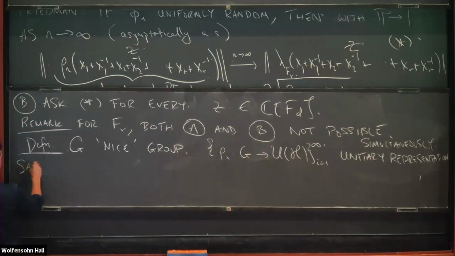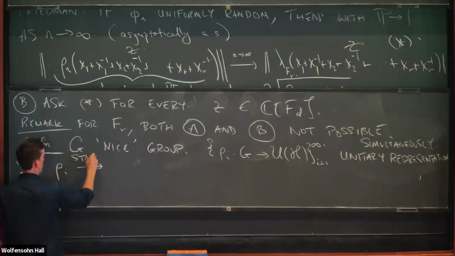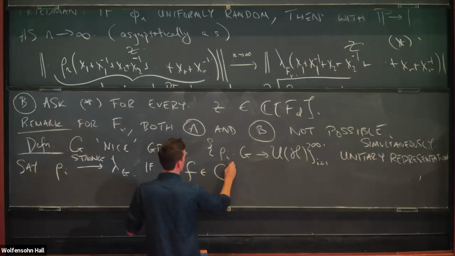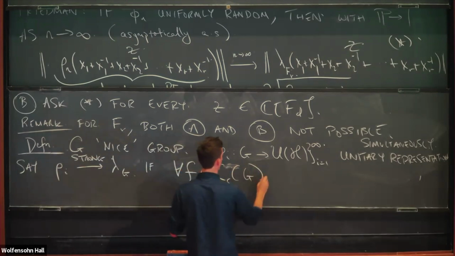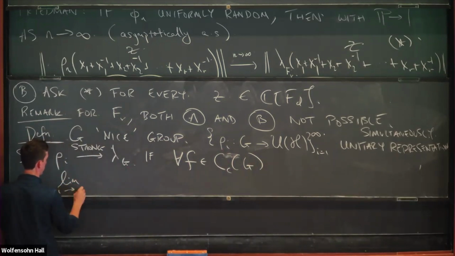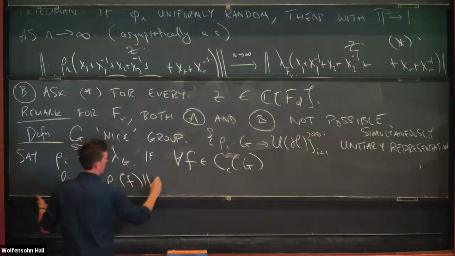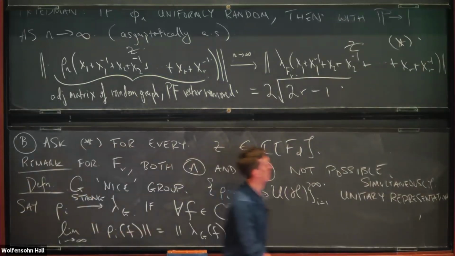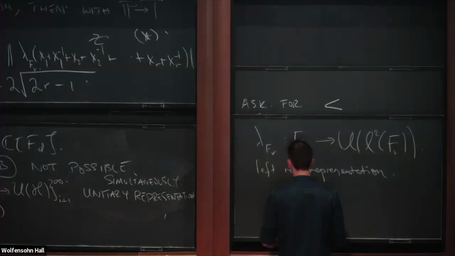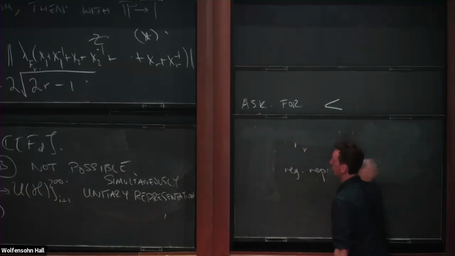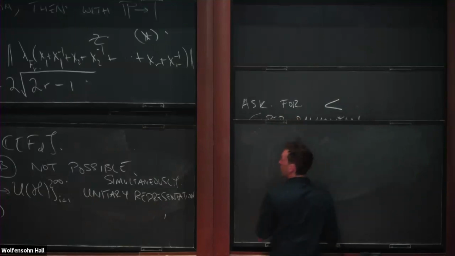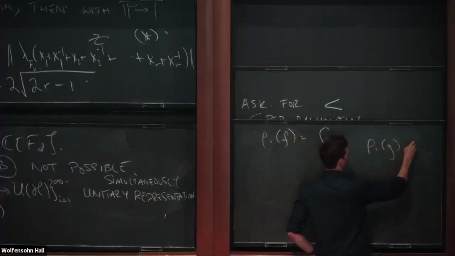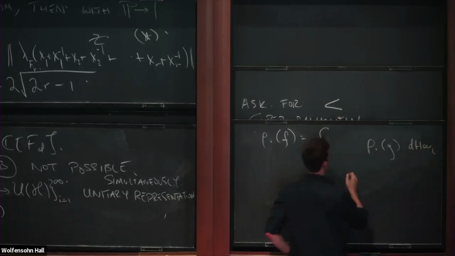I'll say that rho_i converge strongly to the regular representation of G if for every f in C_c(G), the limit as i tends to infinity of the norm of rho_i(f) is equal to the norm of lambda_G(f), where rho_i(f) is the integral of rho_i(g) against left Haar measure, weighted by f(g).